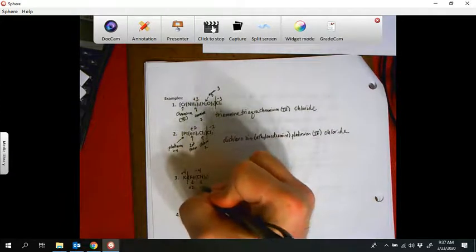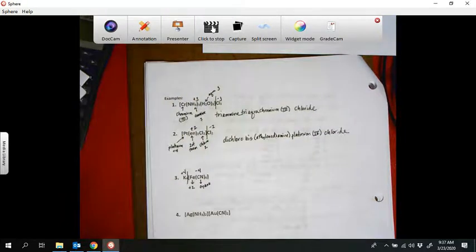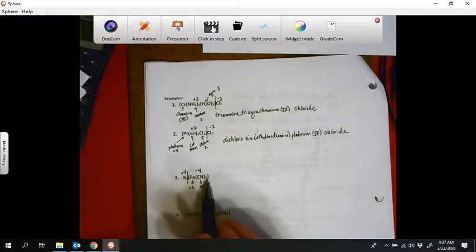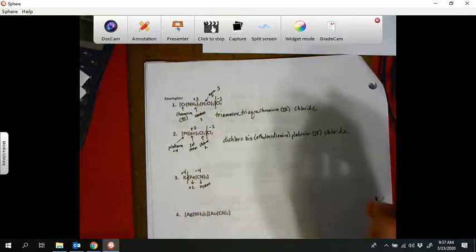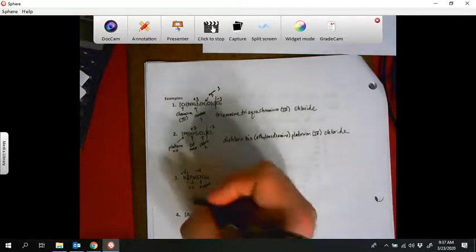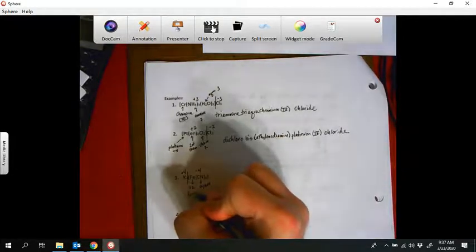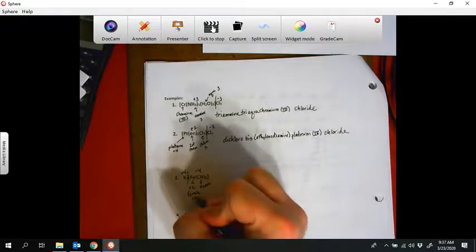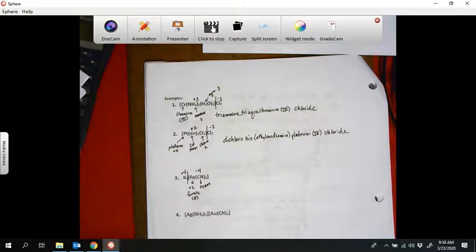Here we have cyano. With this one, because the metal ion is in the anion complex, we have to give it its complex anion name, which is ferrate. And we also have to give its charge, because iron can be +2 or +3.